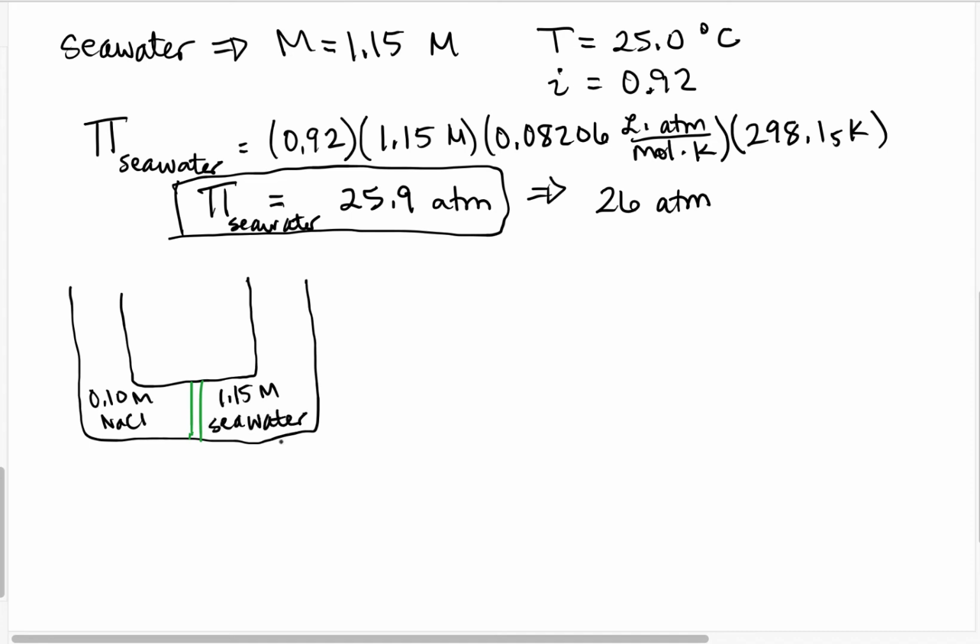So what would happen when we have not pure water on this side, but seawater on one side and a dilute sodium chloride solution on the other one? We've already figured out that our pressure from our seawater is 26 atmospheres. So let's see what the sodium chloride is going to be pressing on. Sodium chloride is going to have a van 't Hoff factor of 2, and it has a concentration of 0.1 molar.